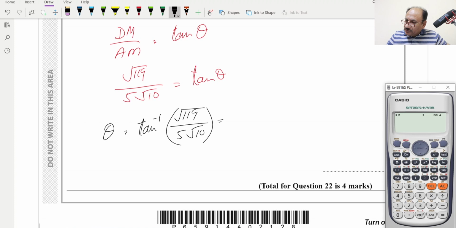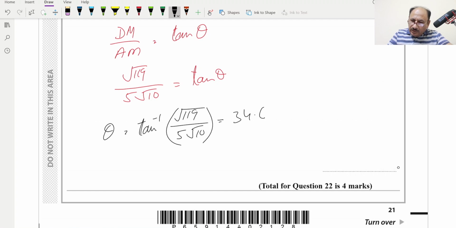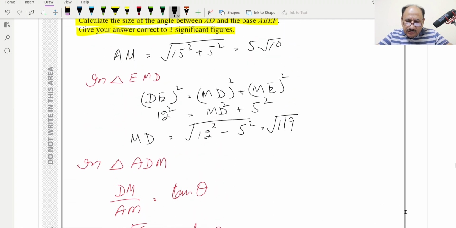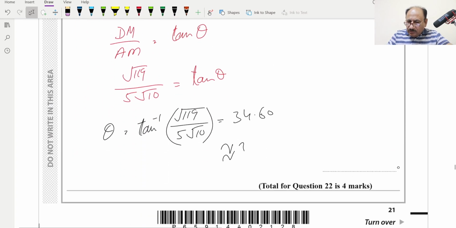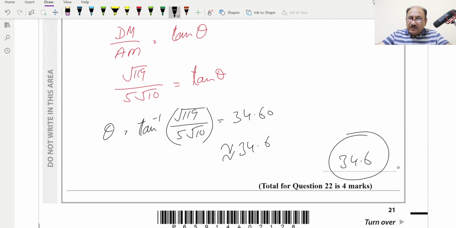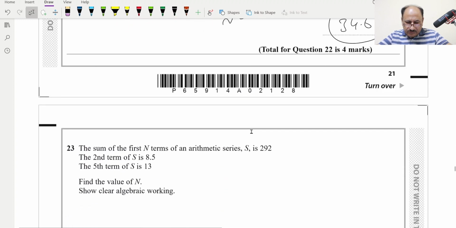So this will be shift tan of fraction root 119 over 5 root 10, and this will be equal to 34.60, and they are saying up to 3 significant figures, so we can write 34.6. So 34.6 degrees will be the final answer for this question.